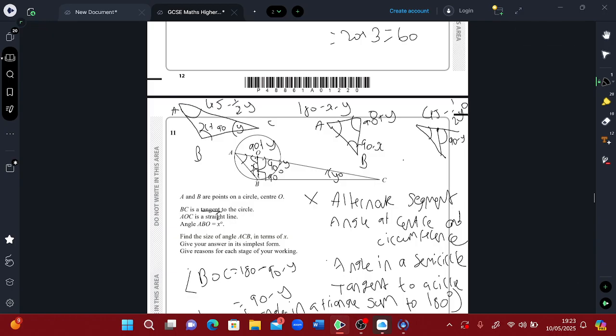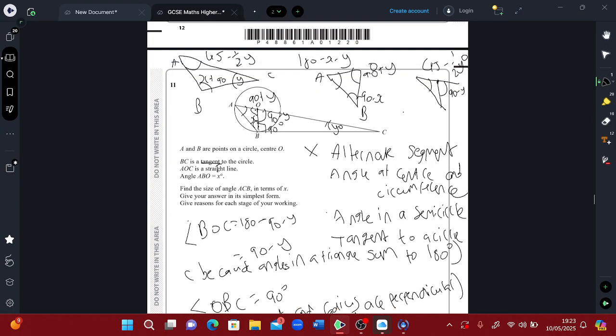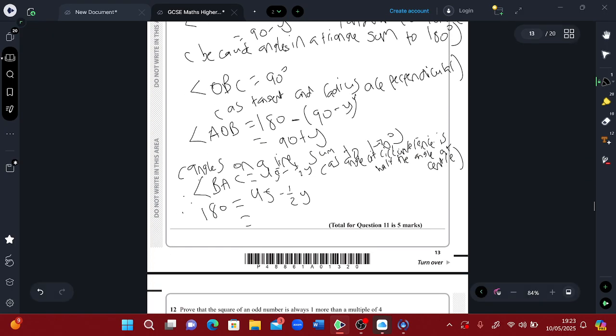And then we add this, so x plus 90 plus y. And then plus x plus 90 plus y, plus y.